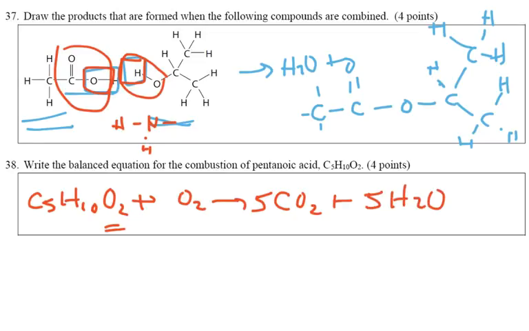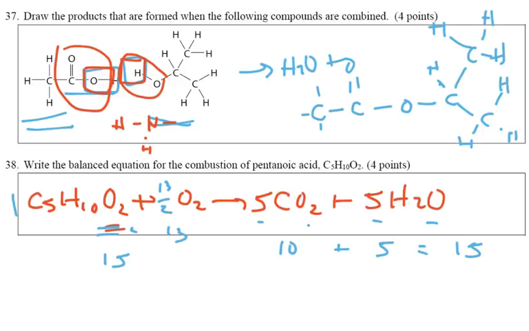And we're going to add up our oxygens, so I'll change colors. So here we have 5 times 2, we have 10 oxygen atoms here. 5 times 1, 5 oxygen atoms. So altogether we have 15 oxygen atoms on the right. So we need to have 15 oxygen atoms on the left. So here we have 2. That means this is going to be 13. And we could write that as 13 over 2. So our balanced equation could be 1 C5H10O2 plus 13 halves O2 turns into 5 CO2s and 5 H2Os.